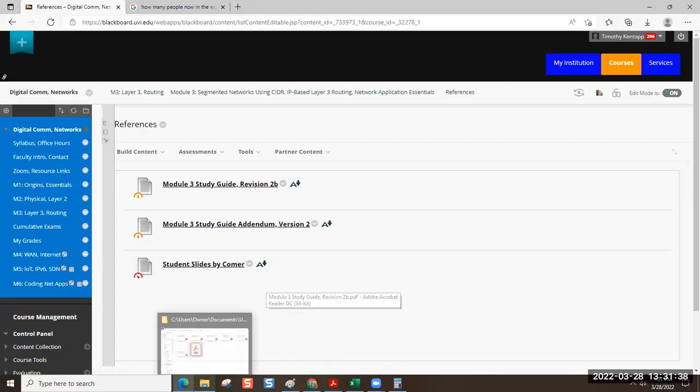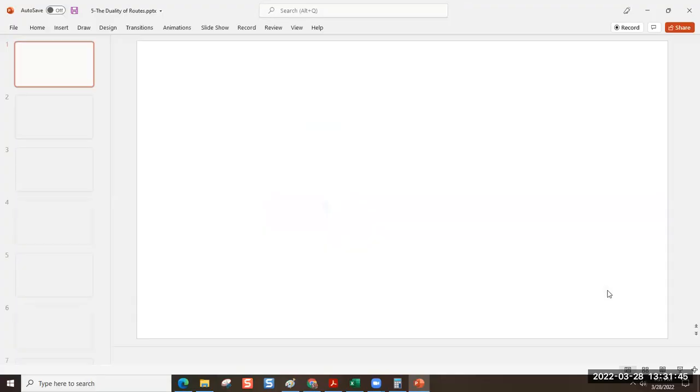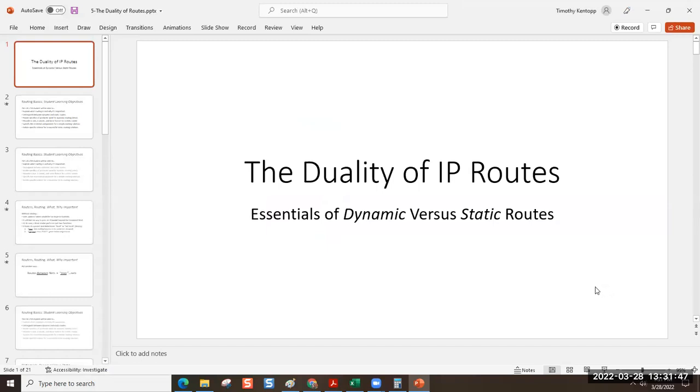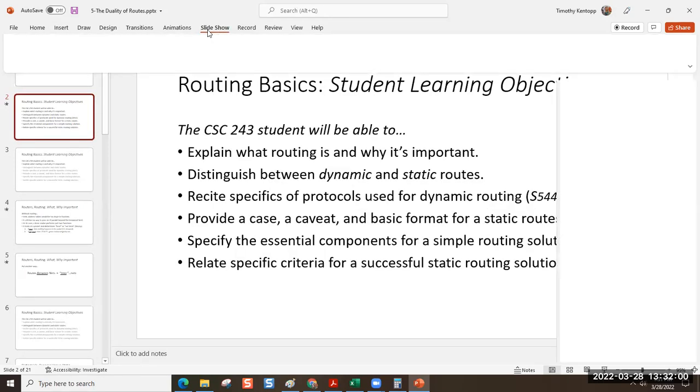Let's take up, for the short term, this interest about the duality of IP routes. So what do we mean by duality? How many of you are familiar with the Marvel movie called Venom? Anyone? Yeah, I'm familiar with it. Okay.